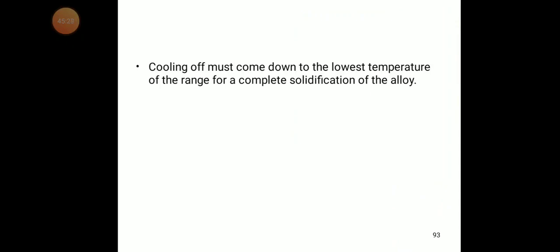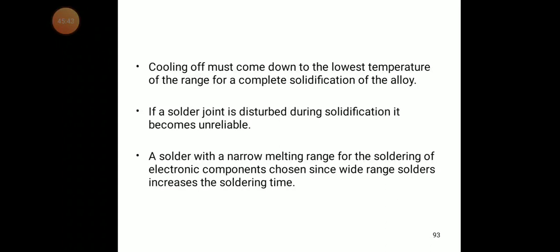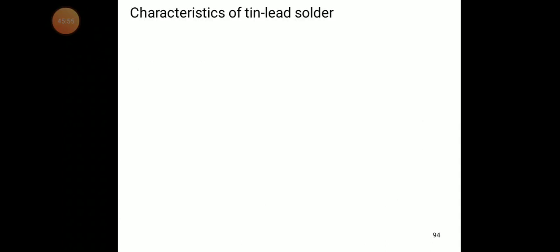Cooling must come down to the lowest temperature of the range for complete solidification of the alloy. If a solder joint is disturbed during solidification, it becomes unreliable. A solder with a narrow melting range is chosen for the soldering of electronic components, since a wide range solder increases the soldering time.